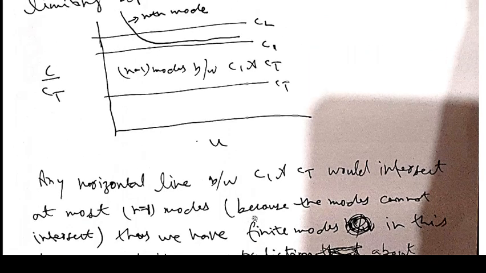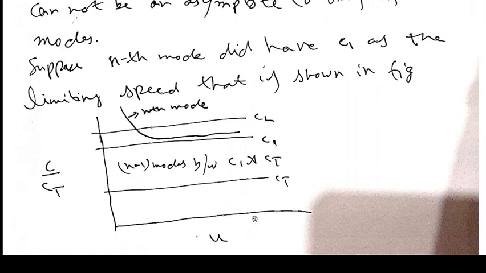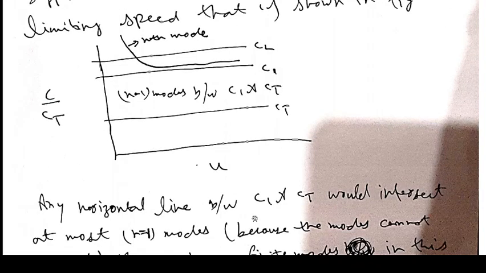So it means that no line above CT can be an asymptote to any of the modes. So CT itself will be the asymptote to all the modes, because we have seen that only one mode will cross this CT, and that approaches CR, the Rayleigh wave speed.